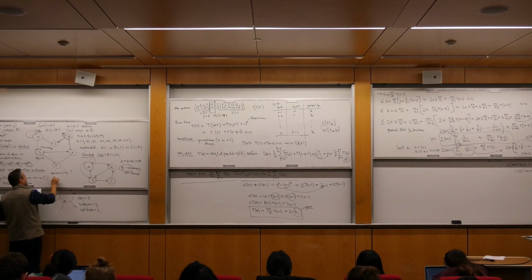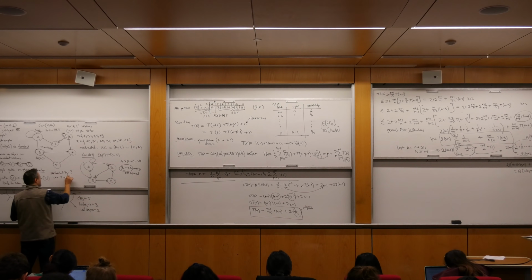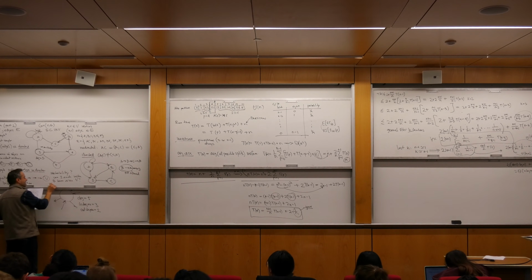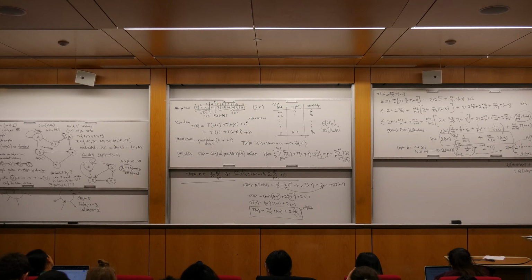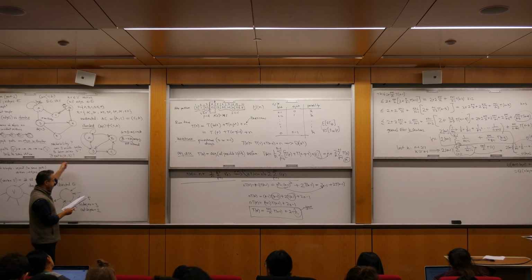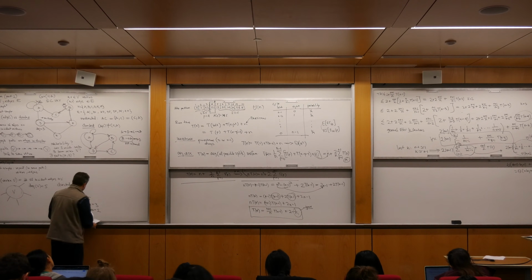So can I reach a vertex B from vertex A? That's essentially asking, is there a path from A to B? Can I start in A, move in the graph, and get to B? All right, what else do we have here?